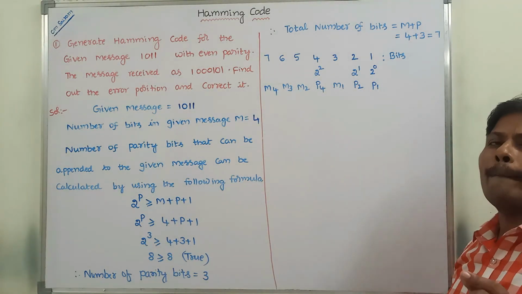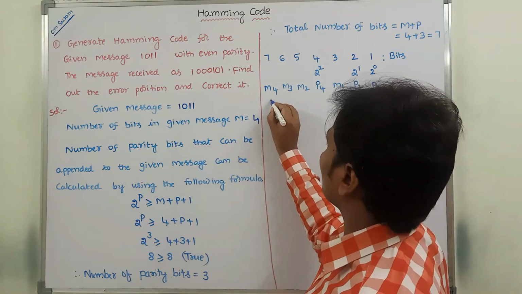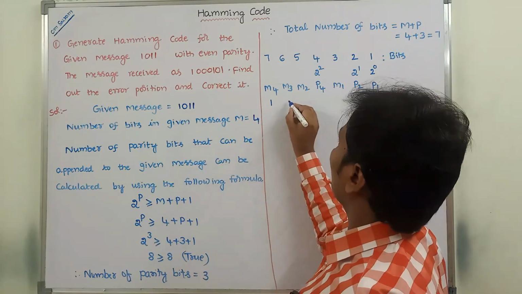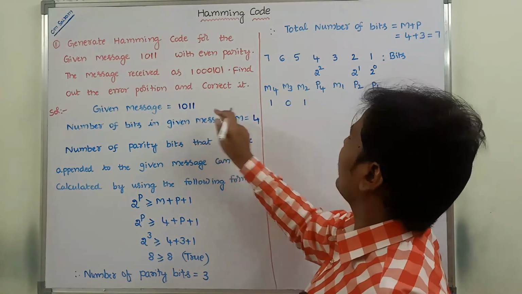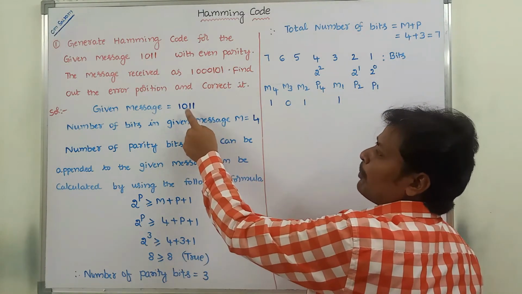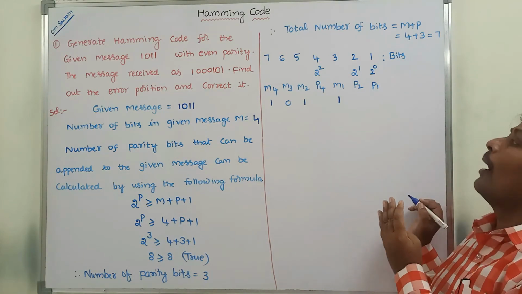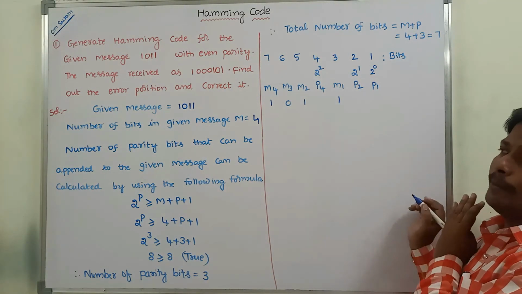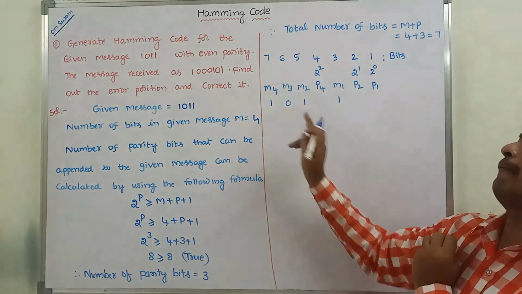We know the message bit values: M4 is 1, M3 is 0, M2 is 1 and M1 is 1. The indexing is given from right to left, so M1, M2, M3, M4.